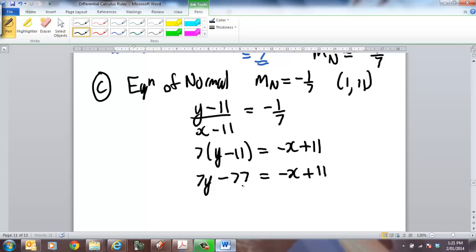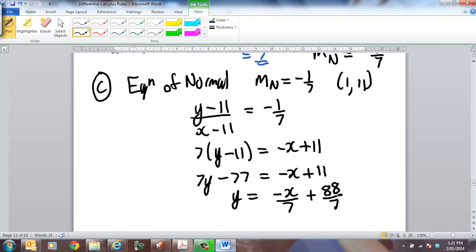Bring that over, that becomes 88. So y is equal to minus x on 7 plus 88 on 7. And that's the equation of my normal going through that point.